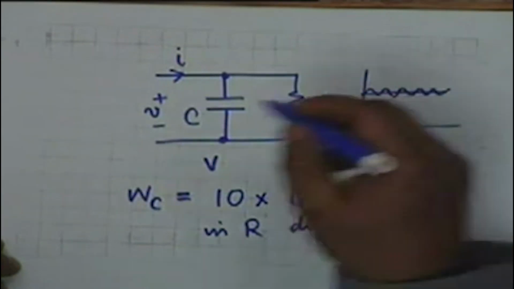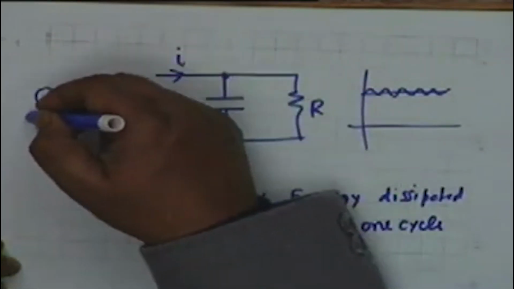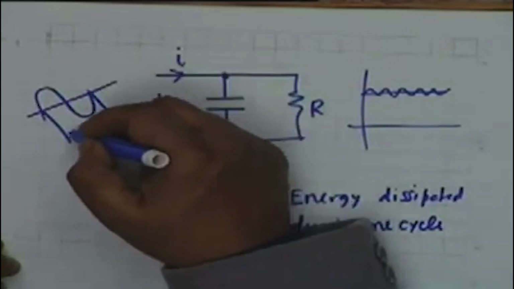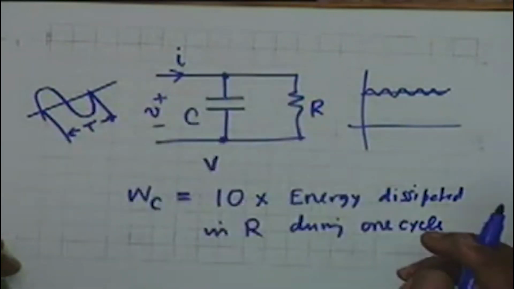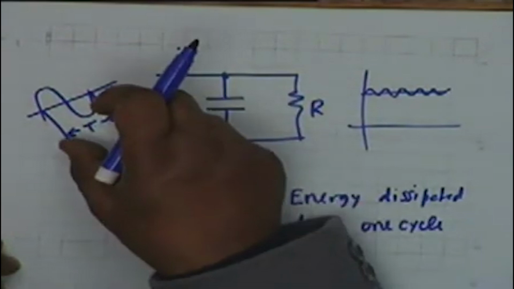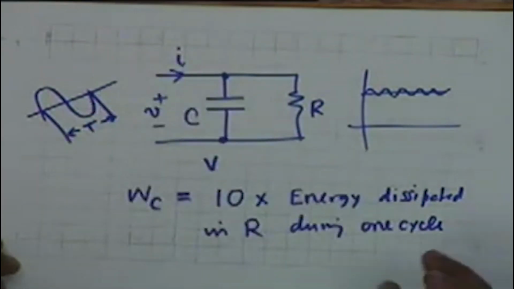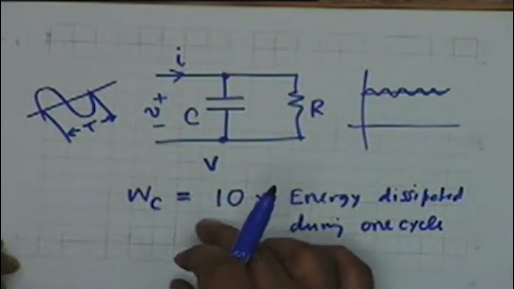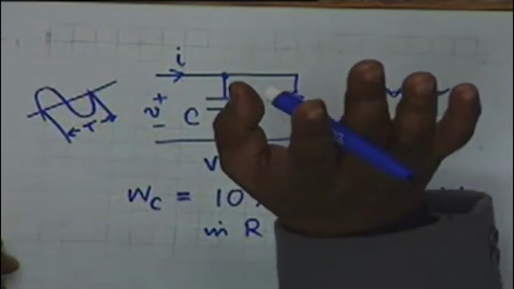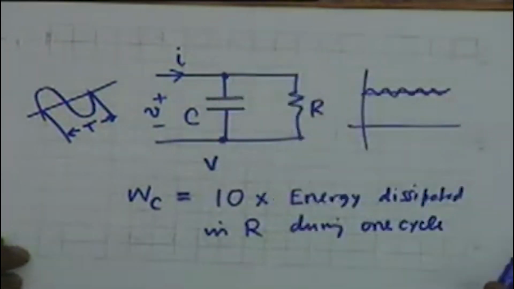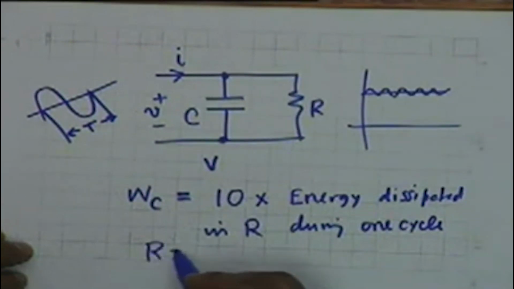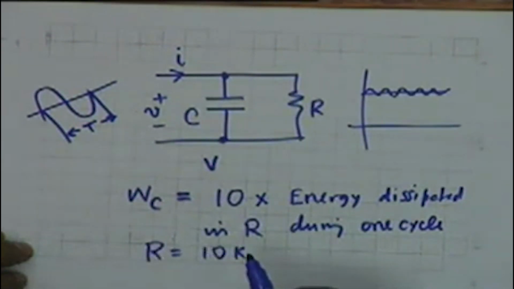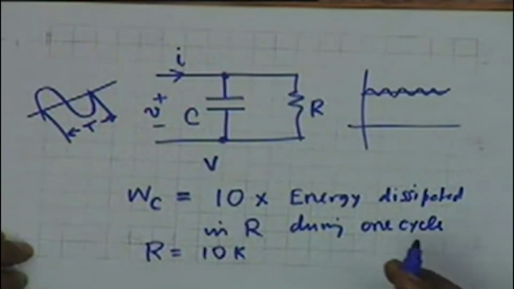If you take this sinusoidal, then this is one cycle, this is capital T. During one cycle of the ripple, 10 times the energy dissipated in the resistance should be the energy stored in the capacitor. This is the criterion that is specified. It is also specified that capital R is 10K. You know what is a K? K is 10 to the power 3.